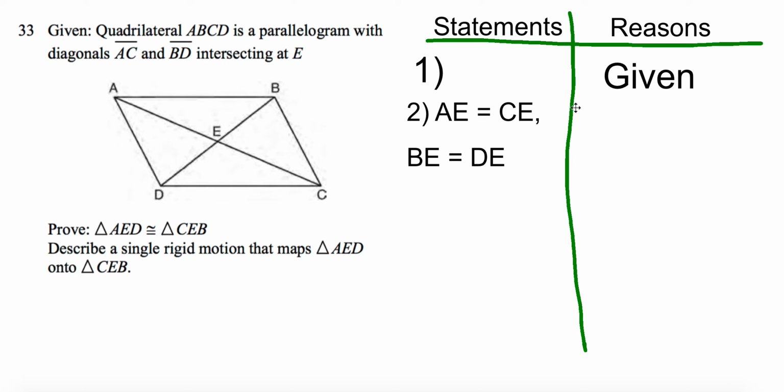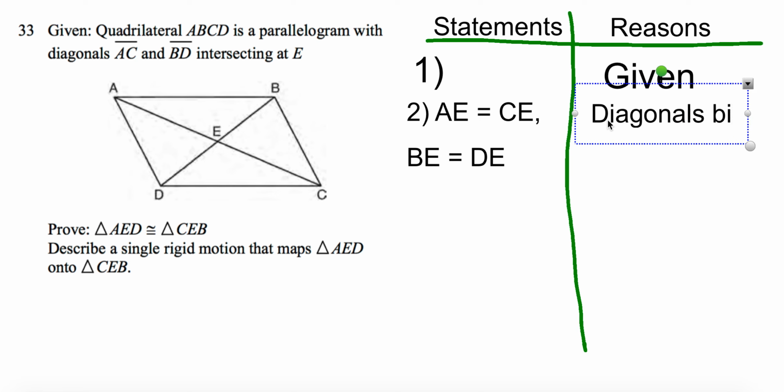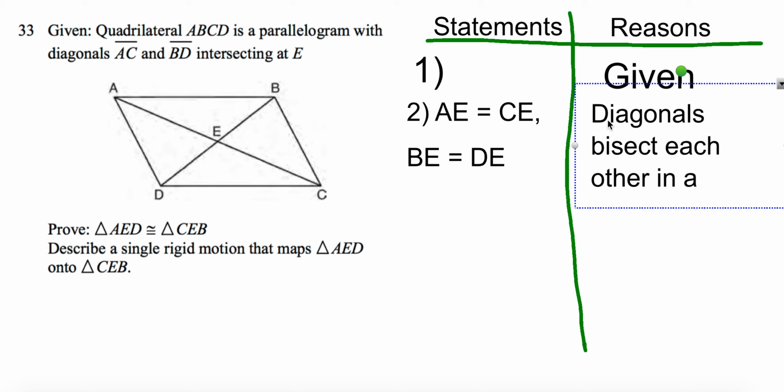Why are they equal to each other? Diagonals bisect each other in a parallelogram.